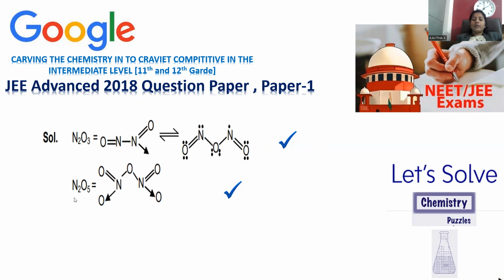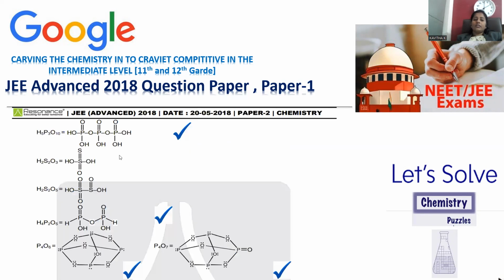Move on to another compound, dinitrogen pentoxide, N2O5. If you observe, a nitrogen to oxygen double bond is there, and a nitrogen to oxygen bridged bond is there, so we can put a tick mark here. Oxygen is a bridge between two nitrogens, so here also you find the correct answer.